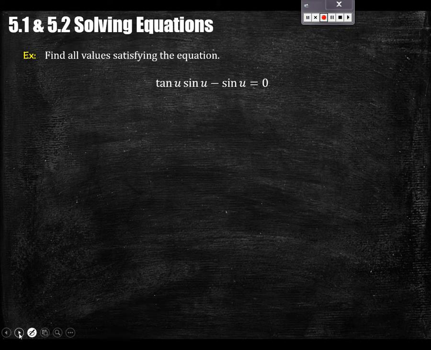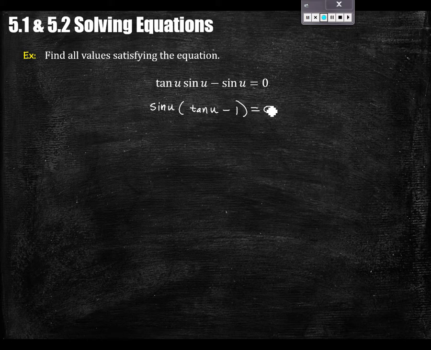Okay, let's try another one. What is sine u? Factor out a sine u, I hear you say. Sounds great, let's do it. Again, the solution set is the thing I'm interested in thinking about here.